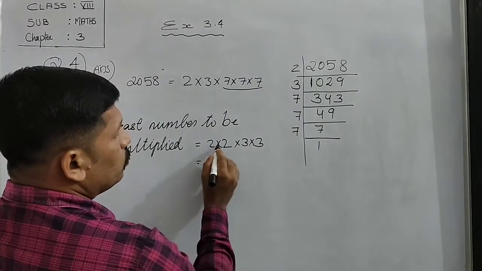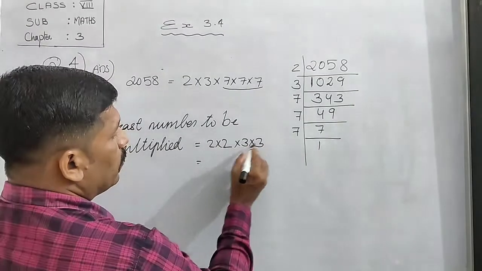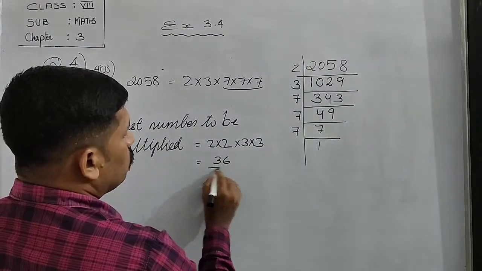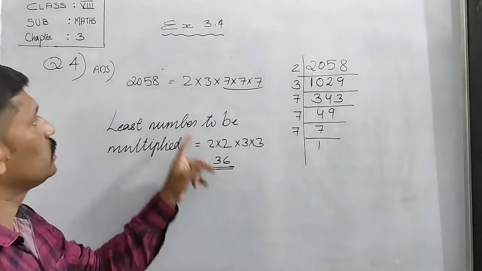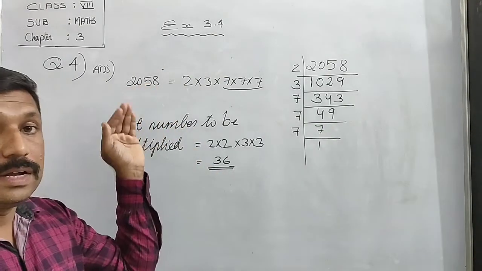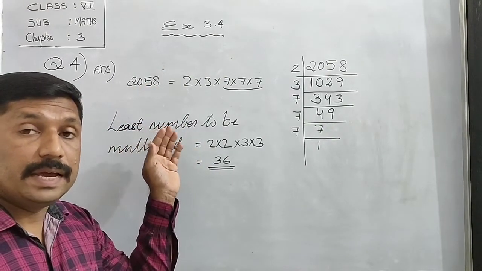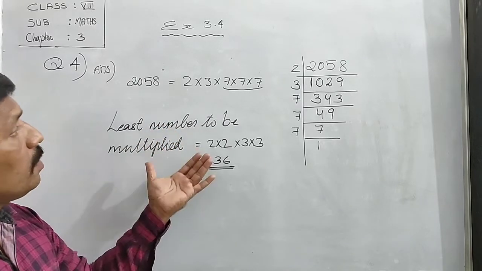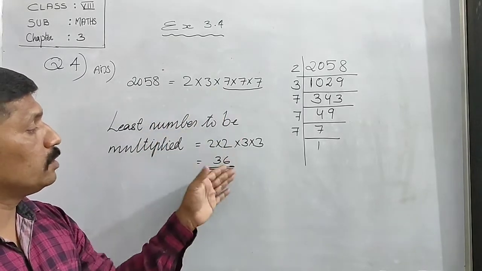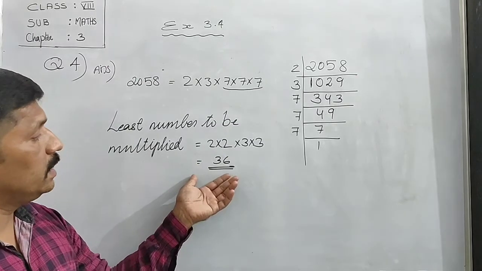So totally it will be 2 into 2, 4, 4 into 3, 12, 12 threes are 36. If we multiply 36 with the given number, the resulting number will be a perfect cube. So the least number to be multiplied with this number to make it a perfect cube is 36.